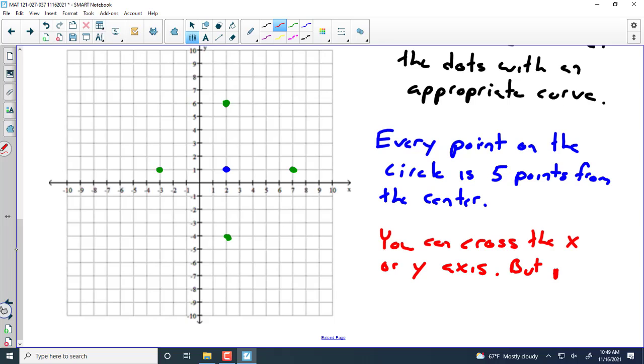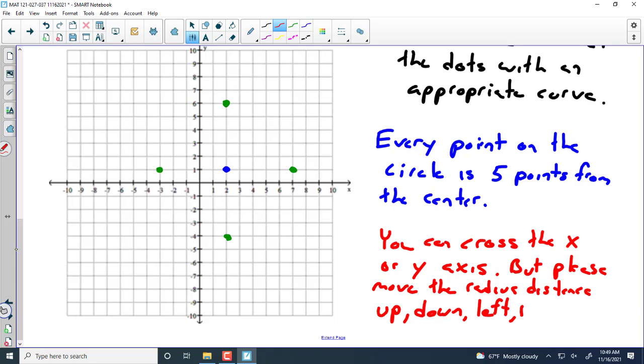But please move the radius distance up, down, left, right, which makes it sound like an old video game code. Up, down, left, right, B, A. Okay. Once you have that, you do your best to draw a circle.